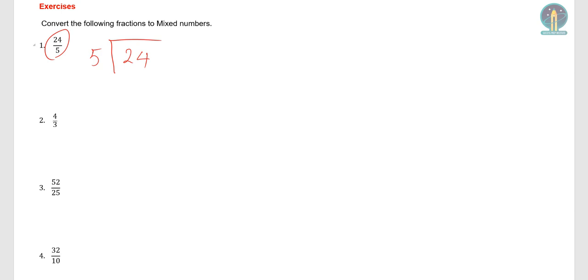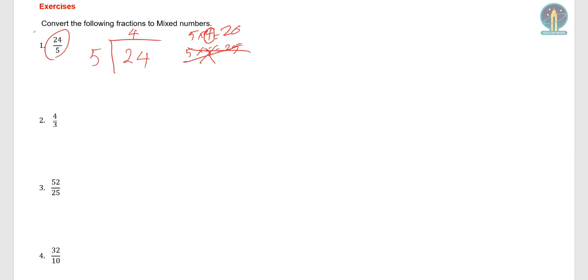The answer is there's 4 of them, because 5 times 4 is 20. Well, why couldn't it be 5? 5 times 5 is 25, but we have 24. So the 5 is not relevant in this case as a quotient. Our quotient is 4.